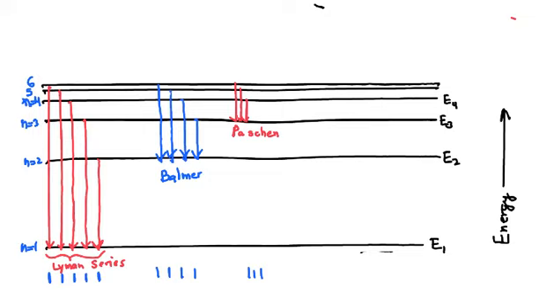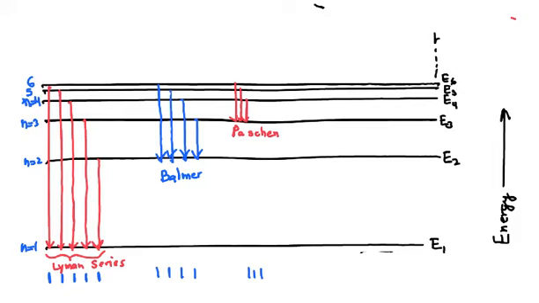And just remember that energy increases as you go higher and higher in n value. These energy levels keep on going, and as you go to higher values of n, the energy levels are much more closely spaced. So it does not mean that E7 or E8 is not there.